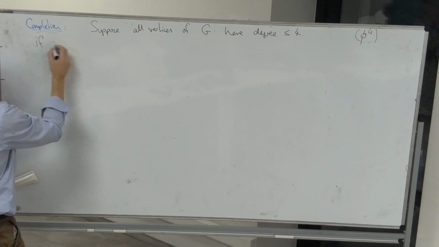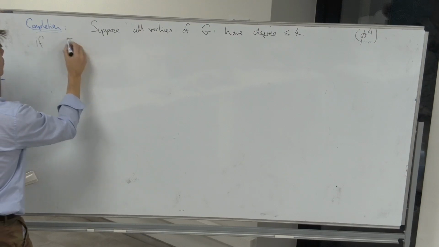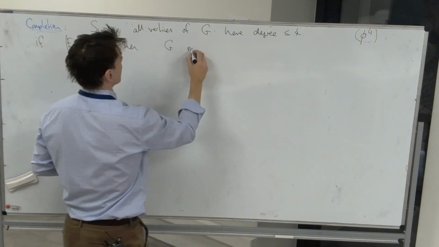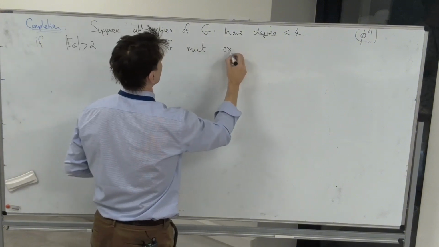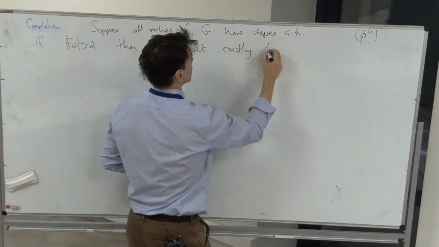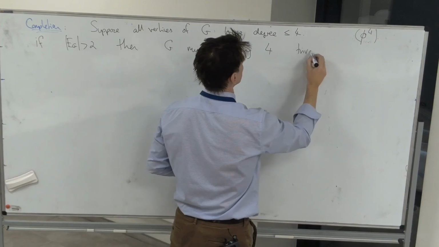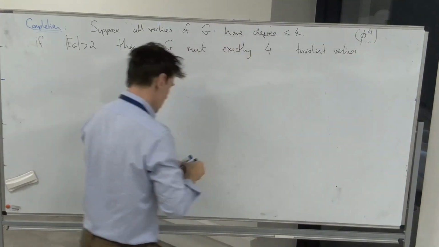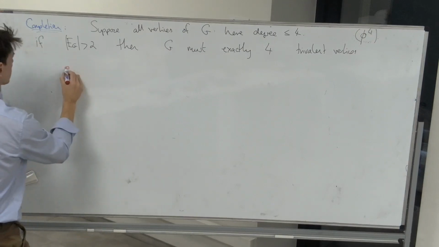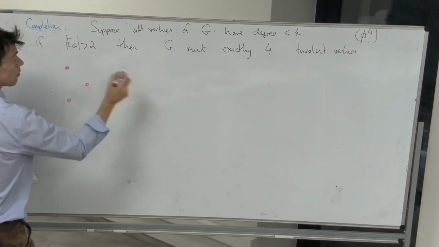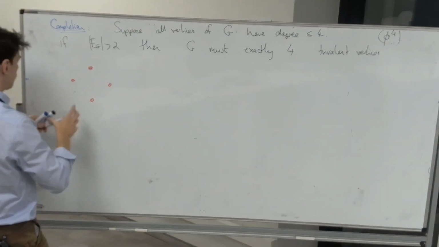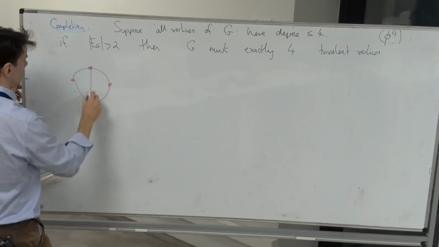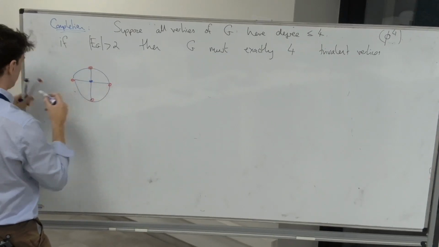And if G has more than 2 edges, then you can show G must have exactly 4 trivalent vertices. So it looks like this. That's drawn in blue. For example, the wheel with 4 spokes has exactly these 4 trivalent vertices, and it has one 4-valent vertex in the middle.